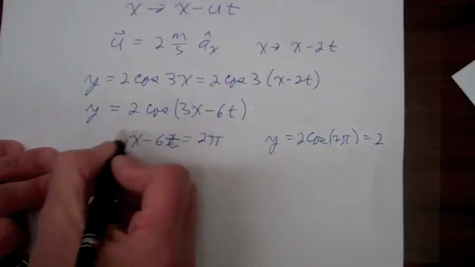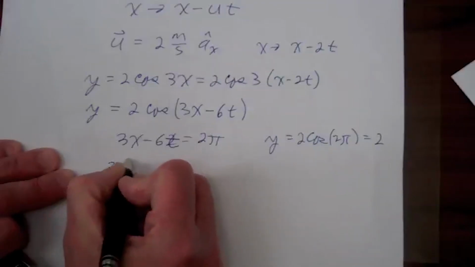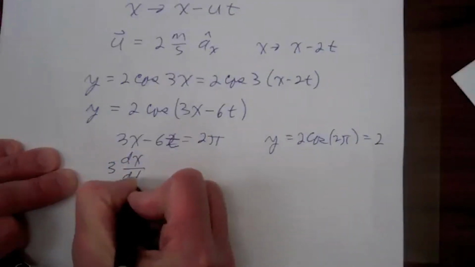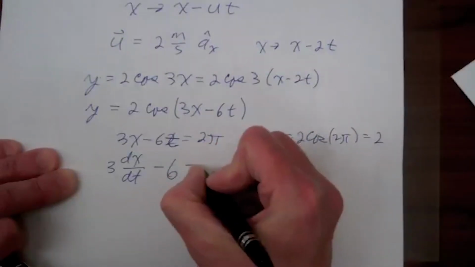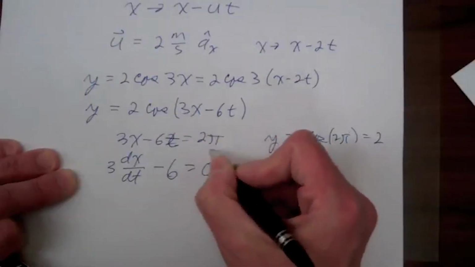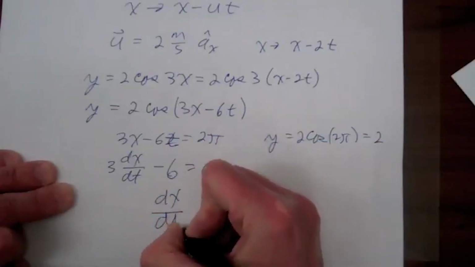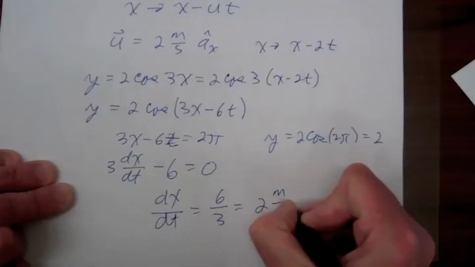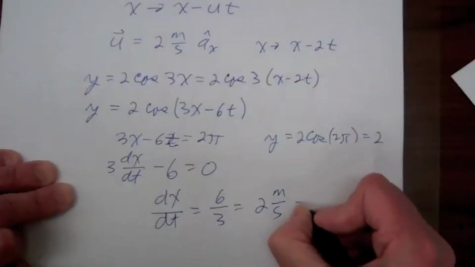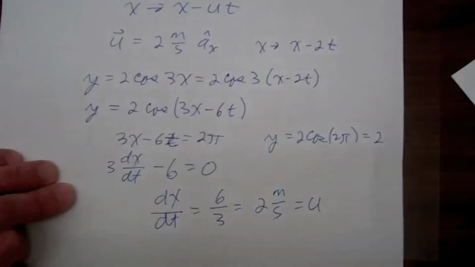Let's take this and take the derivative with respect to time, so you have 3 times dx dt minus the derivative of 6t, which is just 6, is equal to 0 because 2 pi is a constant. So dx dt is 6 over 3, or 2 meters per second, dx dt being the velocity of our wave, as we originally assumed.